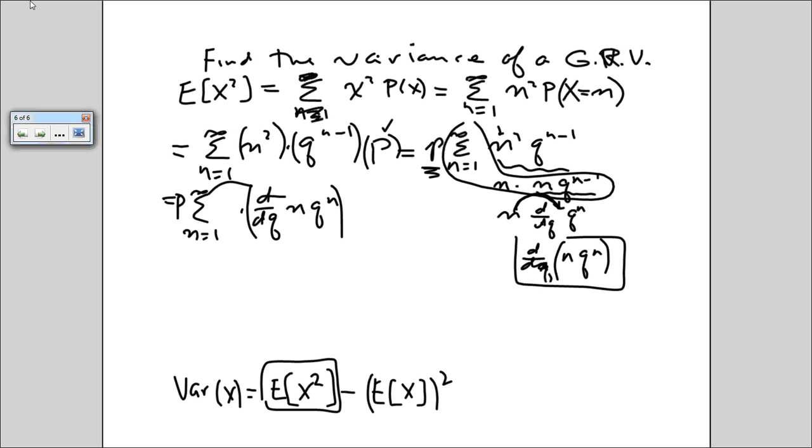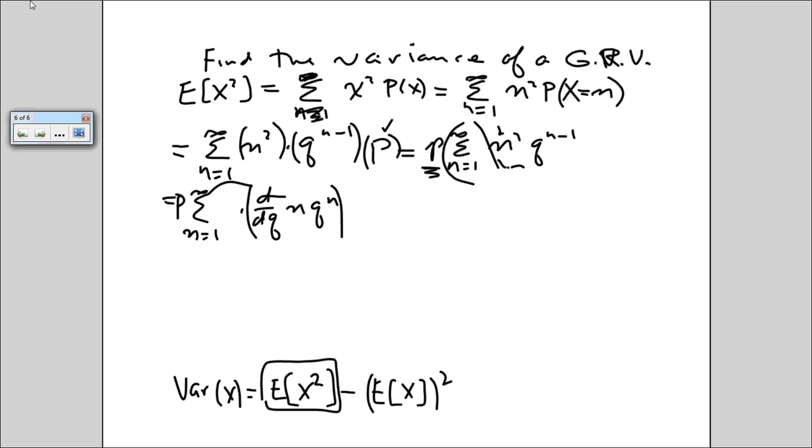So this is nothing more than p times the derivative of the summation from n equals 1 to infinity of n q to the n. I need to know what that summation is.